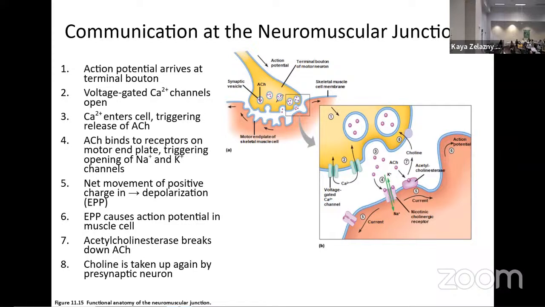Okay. So we can see here that we have some synaptic vesicles full of neurotransmitter ready to go. So we need a signal telling us to release them. So that signal is our action potential getting down here. This is depolarization. That depolarization, when it gets here, opens a voltage-gated channel, specifically our voltage-gated calcium channel.